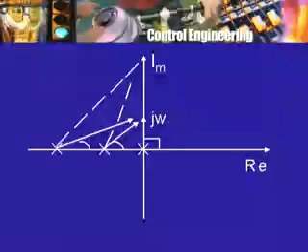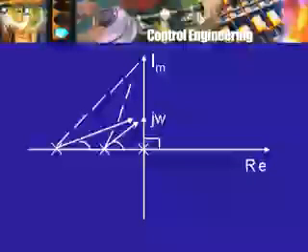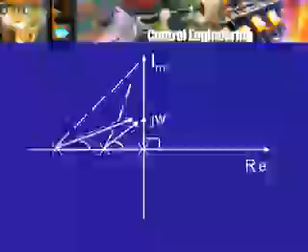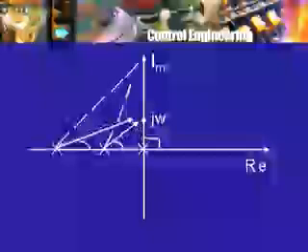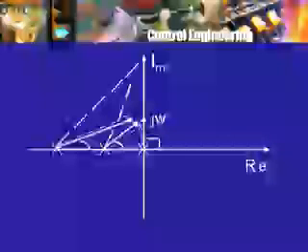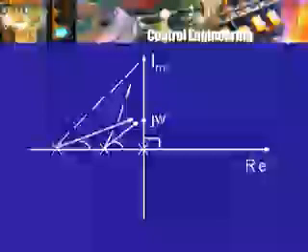So, once again we think of the point j omega, which is on the upper half of the imaginary axis, and then we think of the 3 vectors drawn from the 3 poles to this point. Then the gain is equal to whatever is that numerator constant divided by the lengths of these 3 vectors.